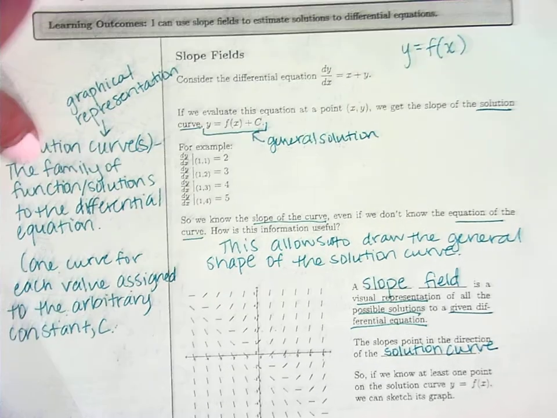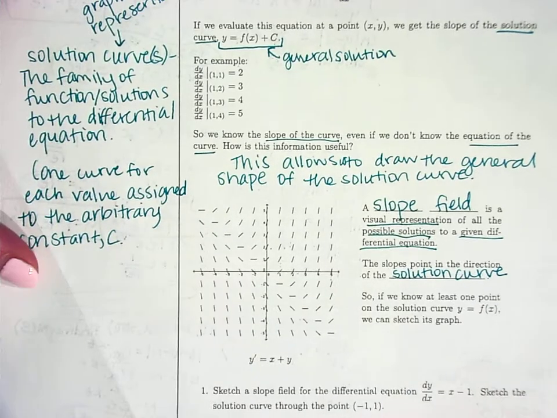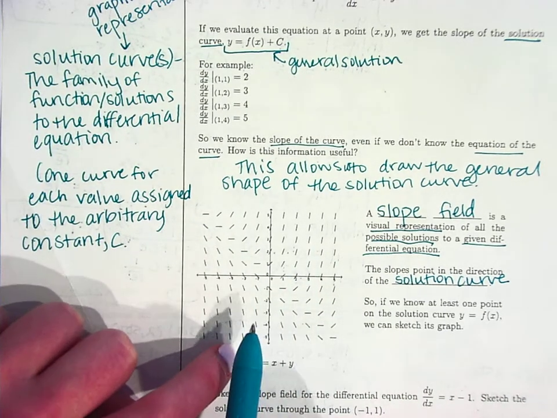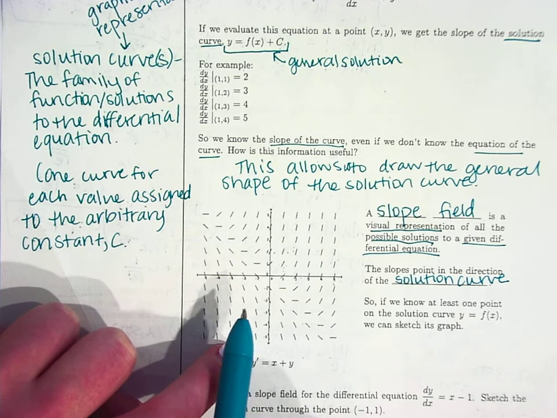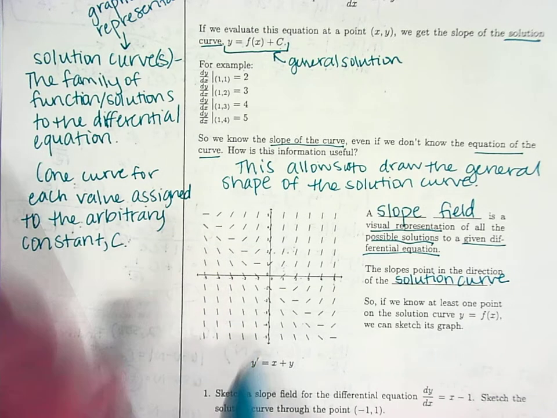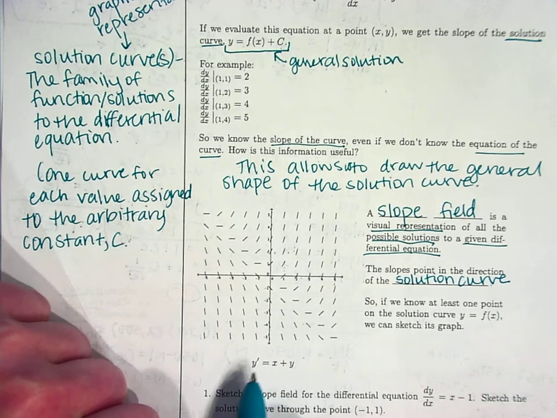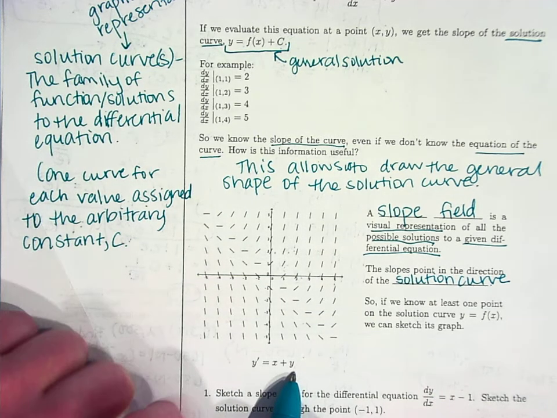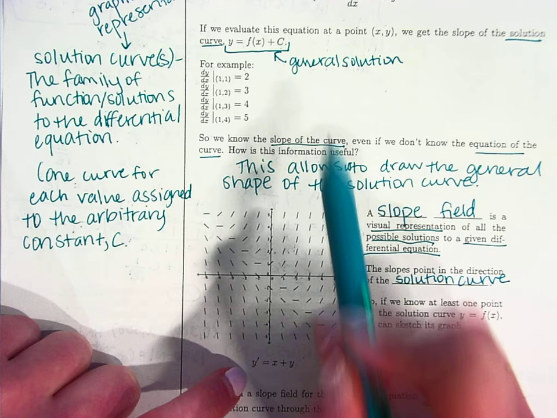So if we look at this graph to the left, each of these little line segments is showing what the slope of the original function is at different points. So it's giving us all the possible solutions to this differential equation, the same one that was up here.